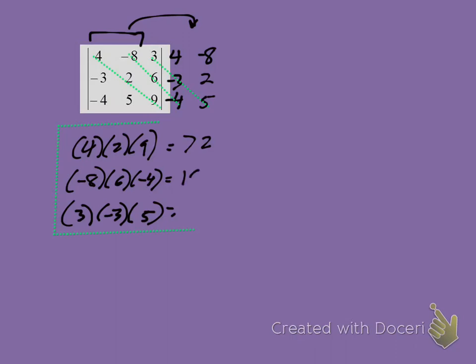That was close. Not really. Then 3, negative 3, and 5 should be negative 45, right? And then you add them all up and you get 219. Okay?